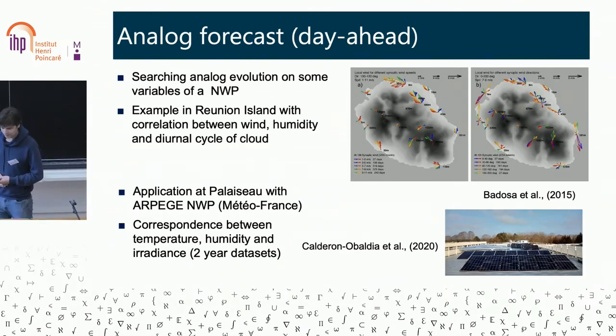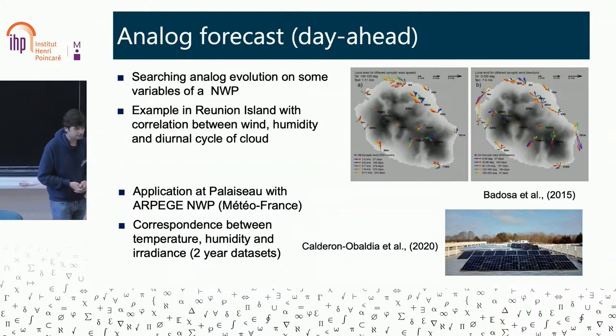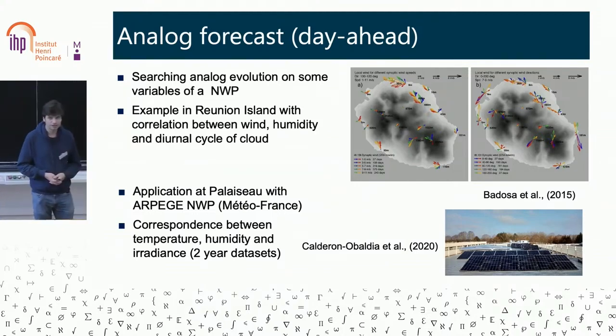Some work was done 5 years ago on analog forecast. It gives good results in very difficult situations, such as Réunion Island. Réunion Island is a French overseas territory in a tropical area, and in tropical areas, weather modeling is difficult. It changes quickly, and the clouds come very quickly.